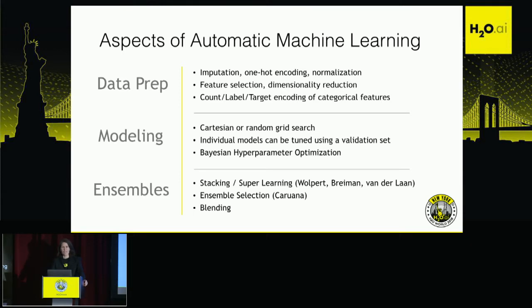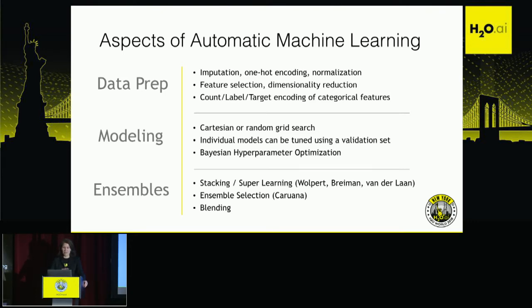And then once you have a bunch of models, you can either do model selection and just choose a best model, or you can do something like stacking. So stacking is something I'll talk a lot about today, and that's what we use in AutoML. What that is basically using a machine learning algorithm to figure out what the best combination of these smaller algorithms in your model is.